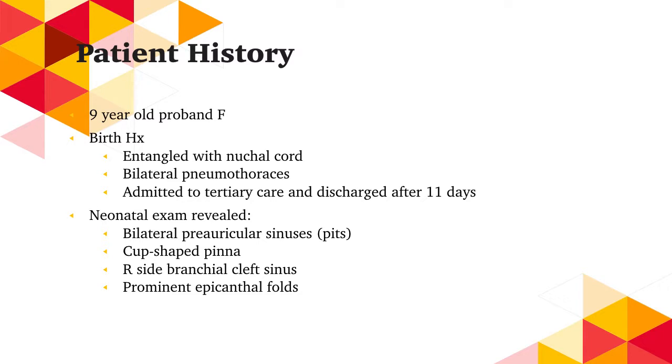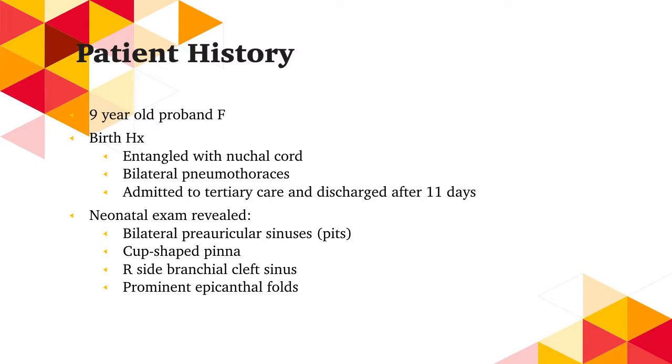So here's the background on our patient. She was about 9 years old. She's a proband female. Proband is a term for a family member who presents with a particular genetic disorder, who's the first within the family to be studied by the medical community.